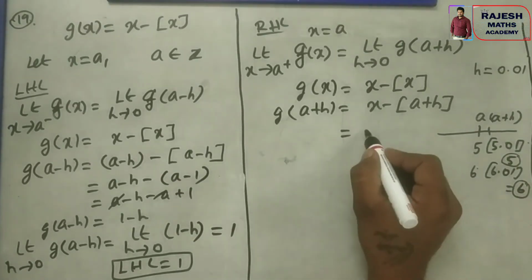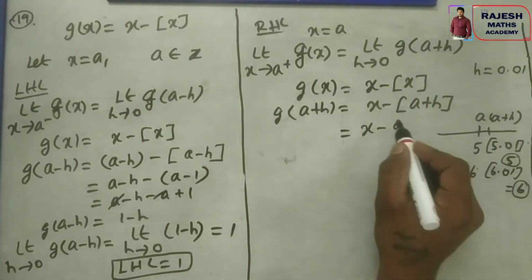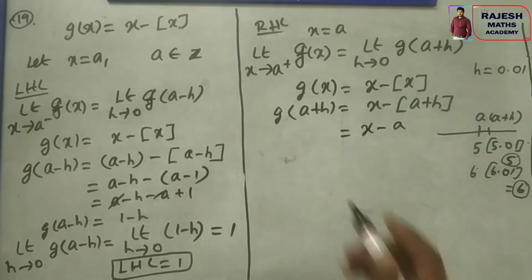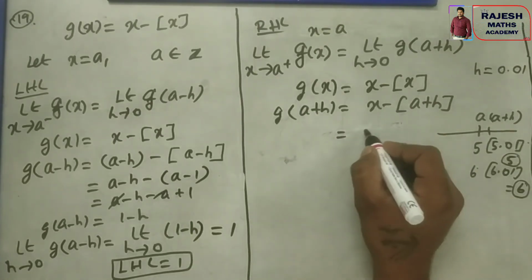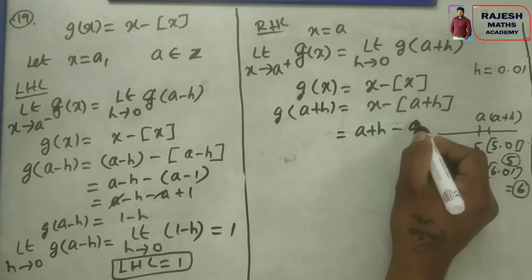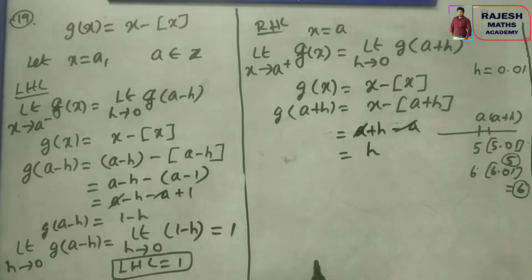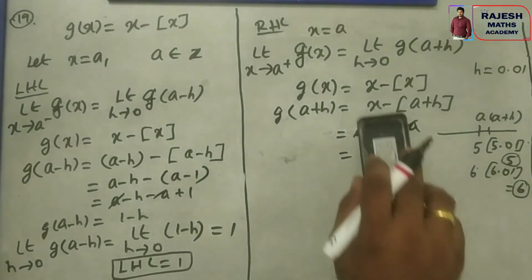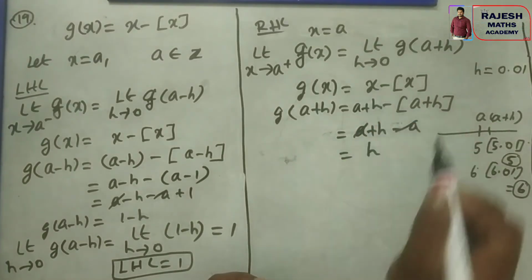So I am substituting that here. For x we have to apply a plus h, so we get a plus h minus a. The minus a plus a gets cancelled. We get g of a plus h equal to h. Clear?